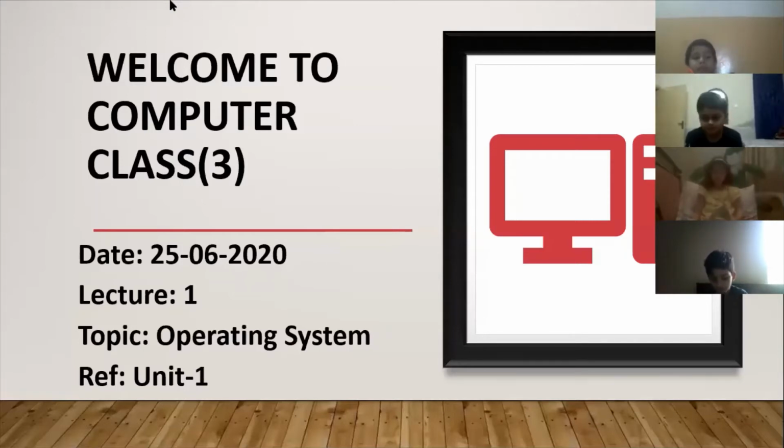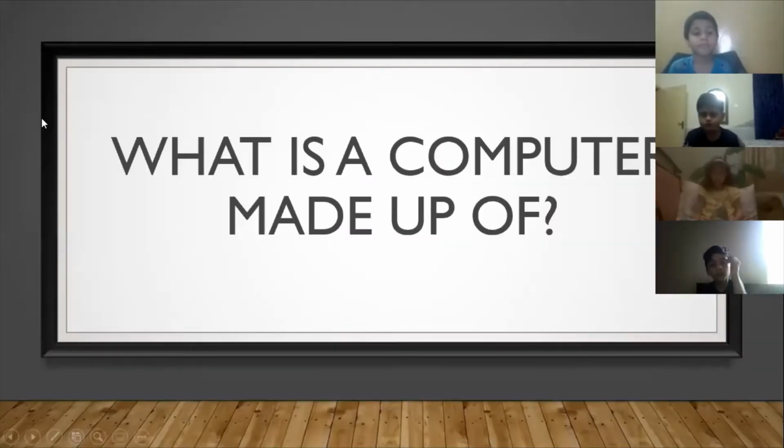Students, the topic for today's class is operating system, which is unit 1 of your course book. Before we talk about the operating system, we have to understand what the computer is made up of.